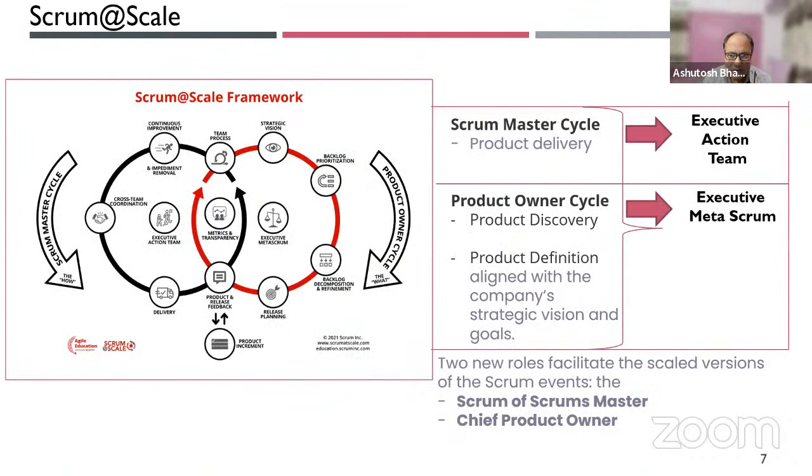There are two elements in this framework. One is the Executive Action Team, which is in the circle of the Scrum Master, and this team is responsible for product delivery.